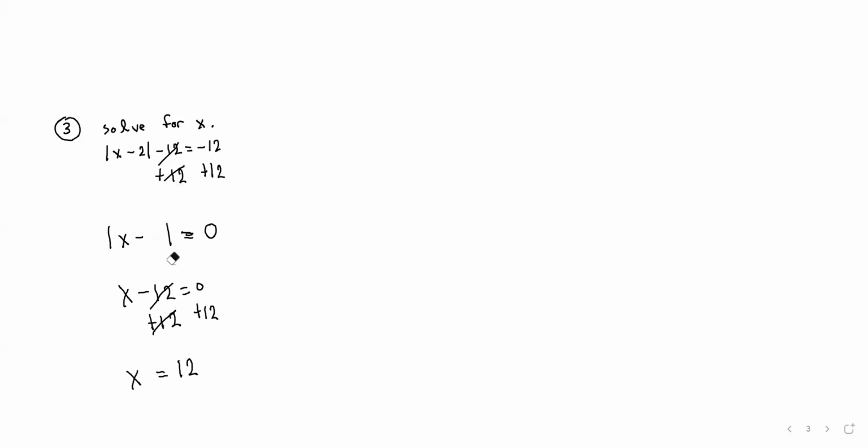This should be a 2. So we have x minus 2 here, and then you add the 2. And so you get x equals 2. So in this absolute value of x minus 2, when you add the 2, the 2's cancel. You have a 0 plus 2 and get x equals 2.